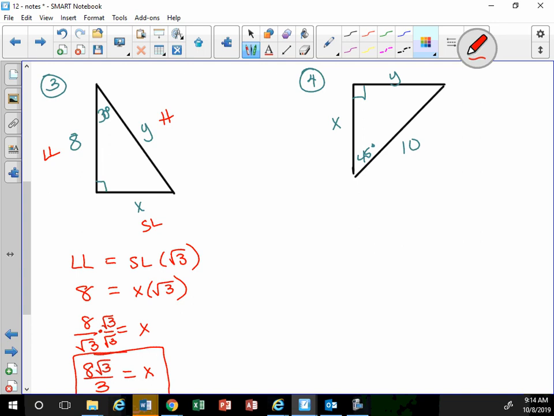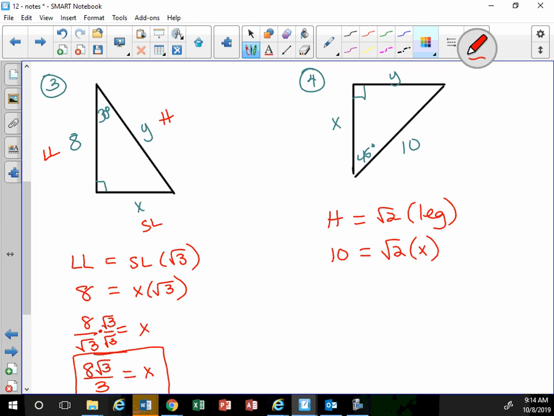All right, guys, so always think back to those original equations that we wrote. We know the hypotenuse is equal to root 2 times a leg, right? What's the hypotenuse? 10. X and Y are going to be the same thing, right? Root 2 times either one.